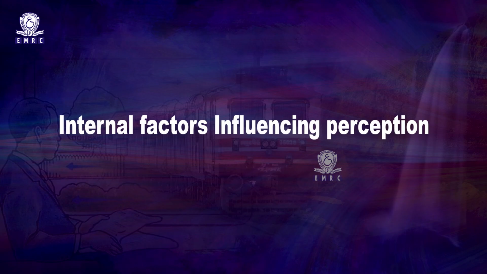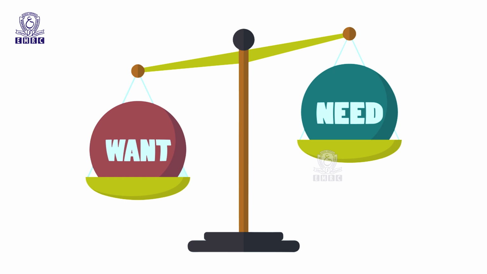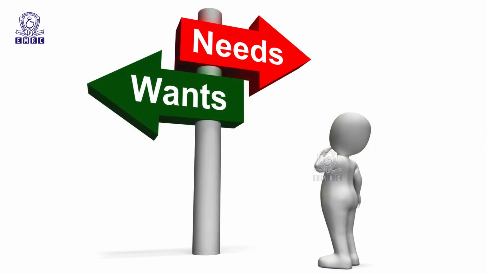Now, let us see what the internal factors influencing perception are. The first one is needs and desires. A person's needs and desires play an important role in perception. People at different levels of needs and desires tend to perceive the same thing differently.